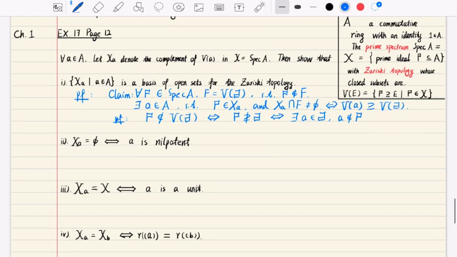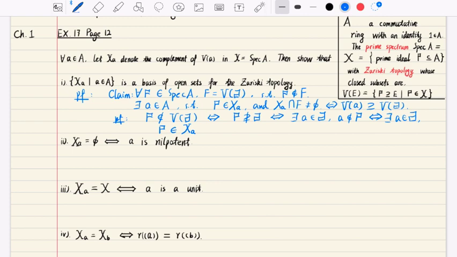What's the meaning of this? The meaning of this is that a satisfies that P is an element of the open subset corresponding to a. We will call it basis open subsets.